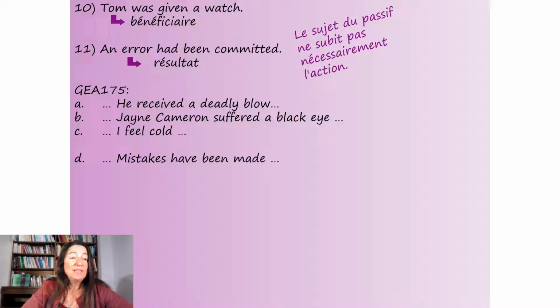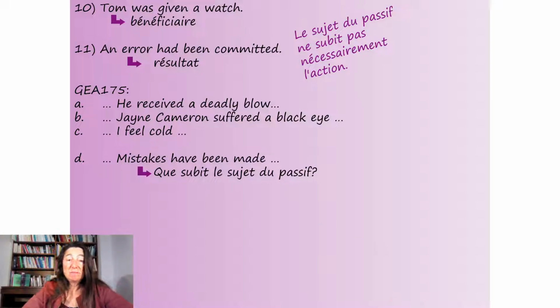In example D, page 175 of La Grammaire expliquée de l'anglais, same question. Mistakes have been made. What do the mistakes undergo?